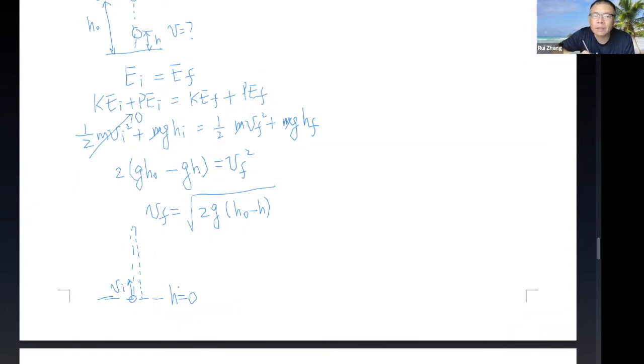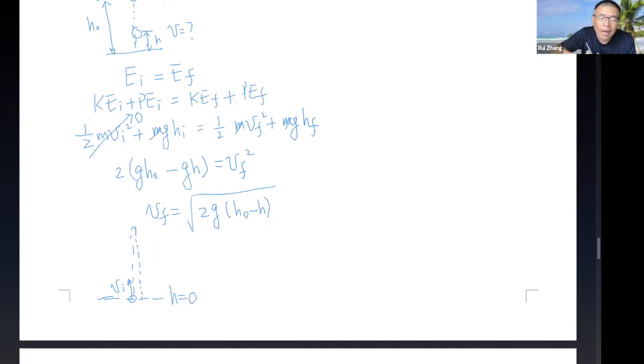That makes sense? The potential energy keeps increasing and kinetic energy keeps decreasing until it reaches the maximum height. There the kinetic energy becomes zero, the speed becomes zero, and everything becomes potential energy.